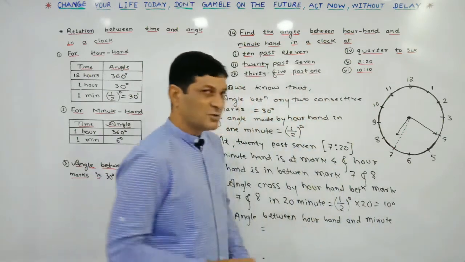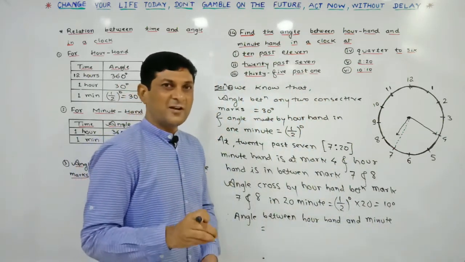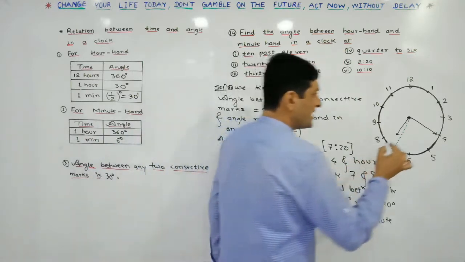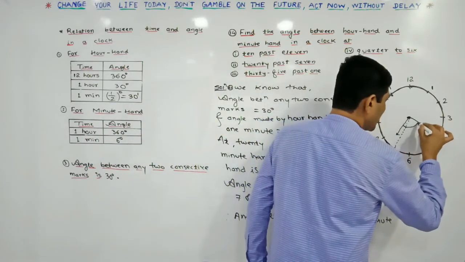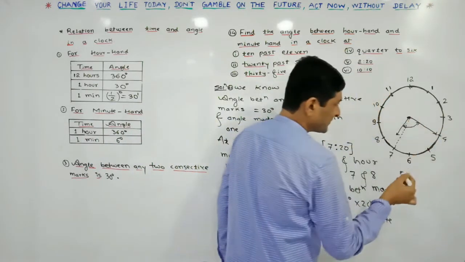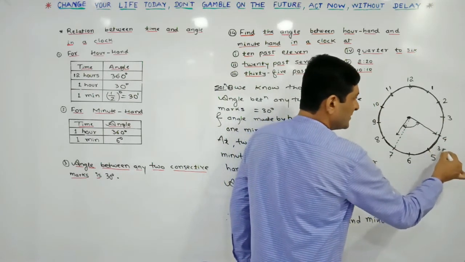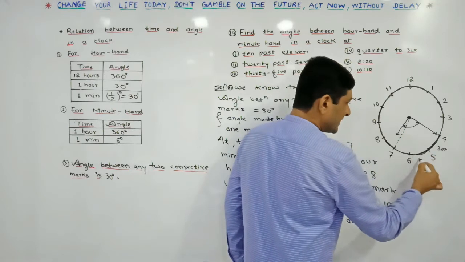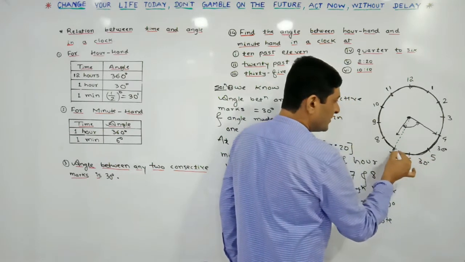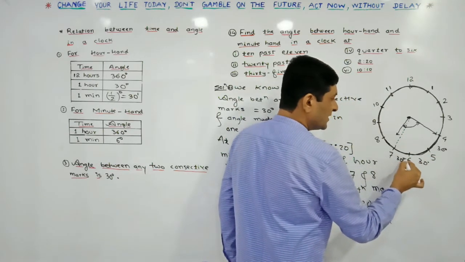Once this angle is known to us, now we are trying to find out the angle between this minute hand and hour hand of the clock. Let us try to find out this whole angle. We know that the angle between any two consecutive marks is 30 degrees. Means this angle is 30, this angle is also 30, and again the angle between these two consecutive marks is 30 degrees.